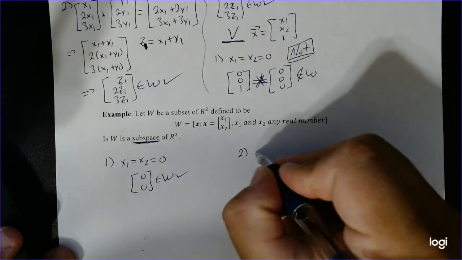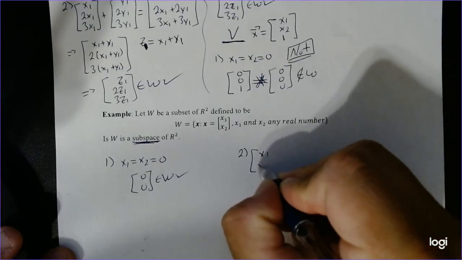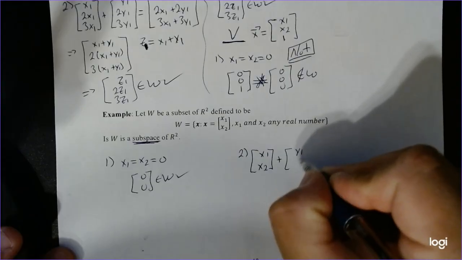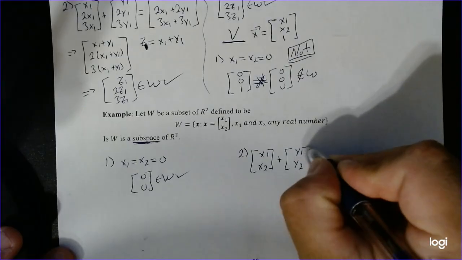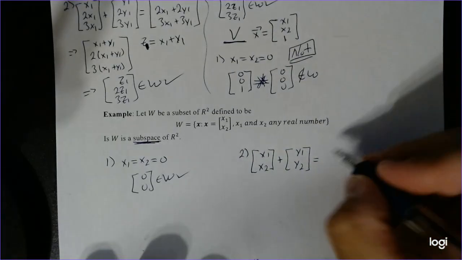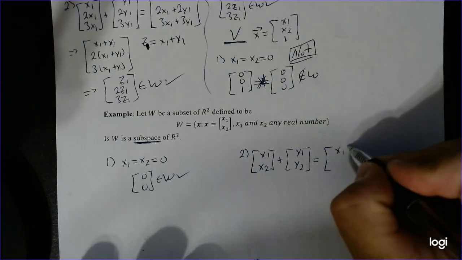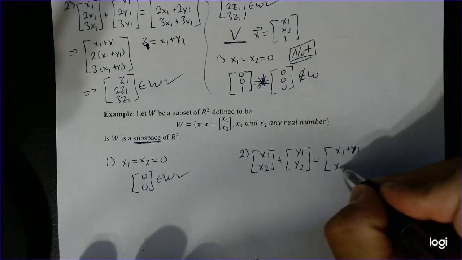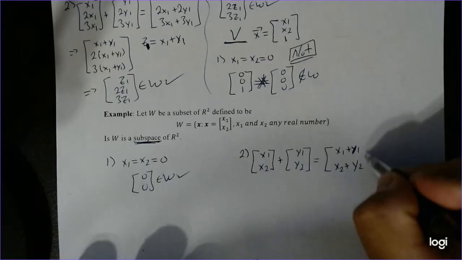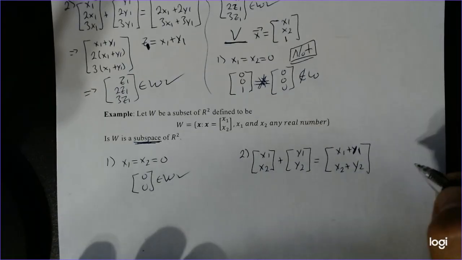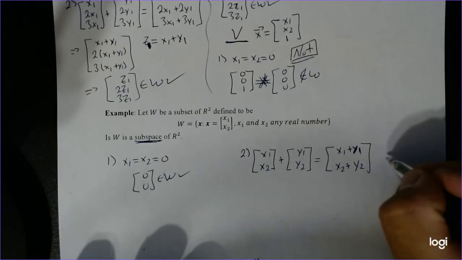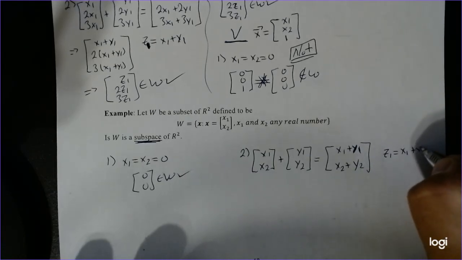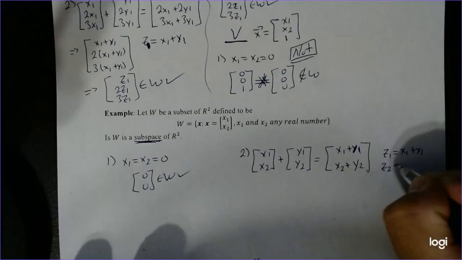Number 2, add 2 of them together. Okay. And the same thing, I'll let z1 equal this addition, and z2 equal the other addition.